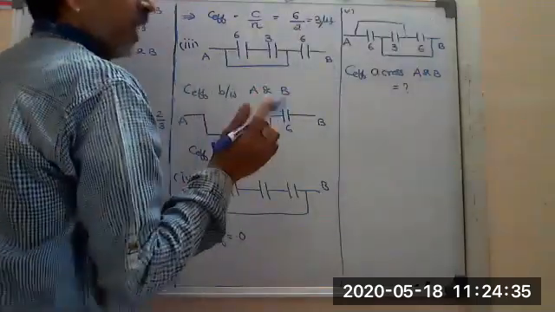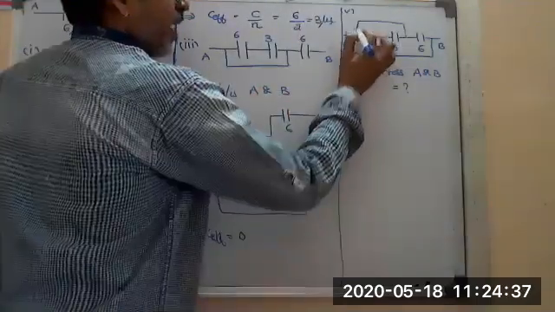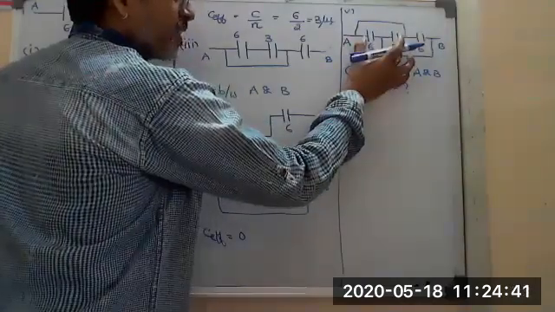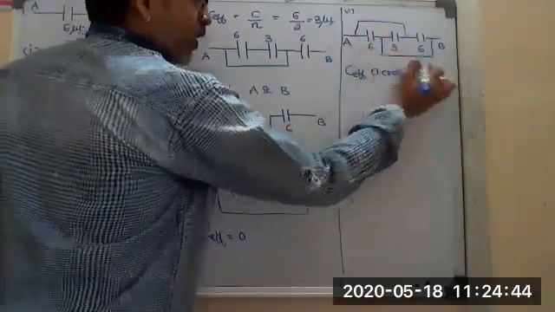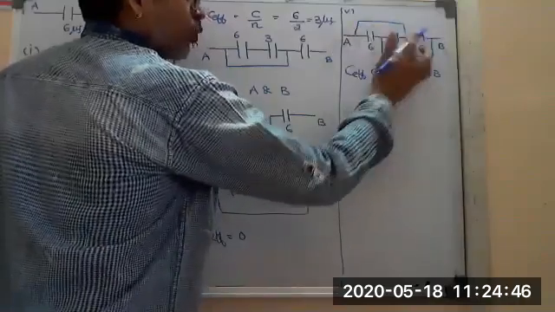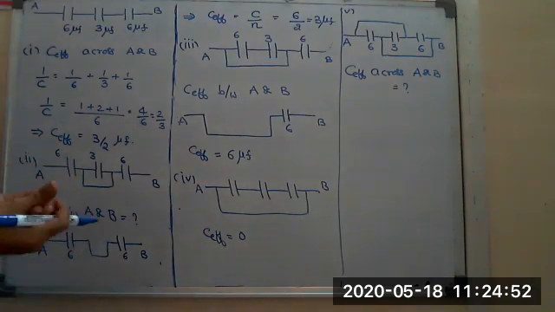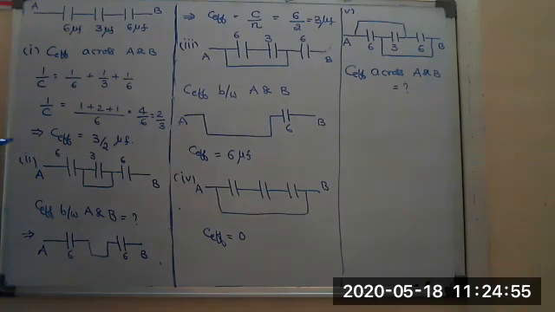Look at here. By short circuiting, I can't remove these two capacitors. Why? Because one more short circuit came in between these two. So how to simplify, sir? Better you go to the basic concept of short circuiting.